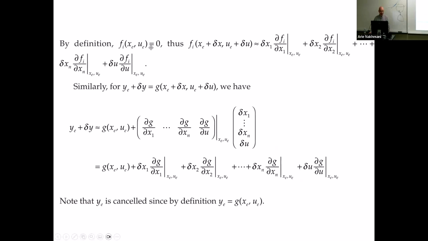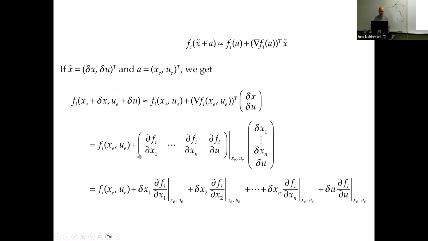Now, we know that this thing at equilibrium is defined as 0, right? So this part here is just by definition 0, because this f function equals x dot, and x dot equals 0 at the equilibrium point. So this thing cancels. You are left only with these things. But look how they are built. This is very interesting. Because if you think about that part and that part and that part as new x, okay, so these deltas of x are your new x.